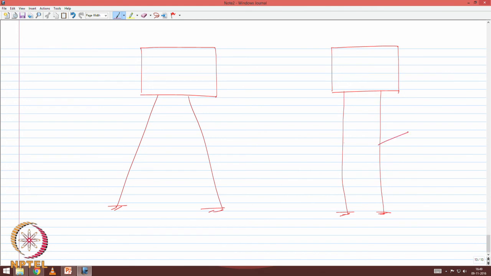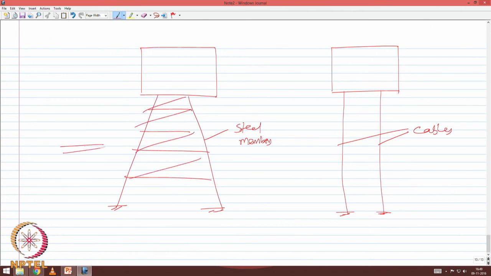Let us say these are cables, these are steel members. So, they have lacings and battens to resist the environmental loads. Let us imagine that the top side of both the platform A and B are actually similar.